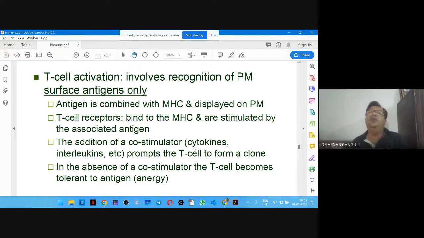They also stimulate it to make clones of the same T cell. So you are infected with COVID, and one of your T cells recognizes COVID and binds to it. So on that immediate binding, what happens? Immediately that many of these T cells which bind to COVID will be produced.